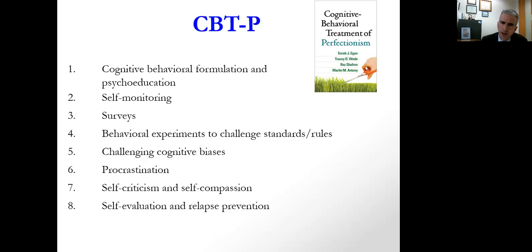All right, so beyond behavioral experiments, the treatment also includes challenging cognitive biases like all or nothing thinking, mind reading, labeling, having them identify these biases in their thinking that impact their emotions. Procrastination, which is a big part of OCPD, is another part of CBT.